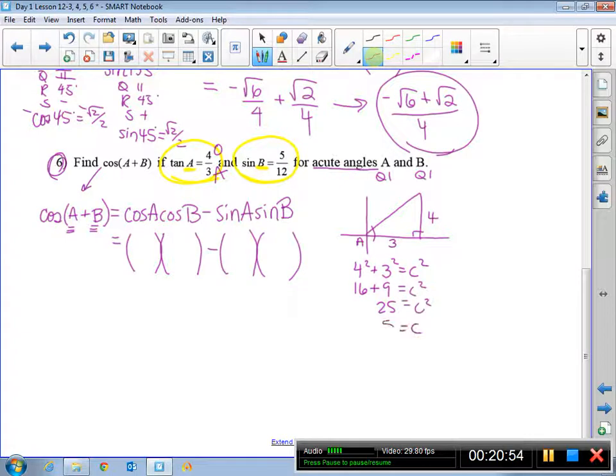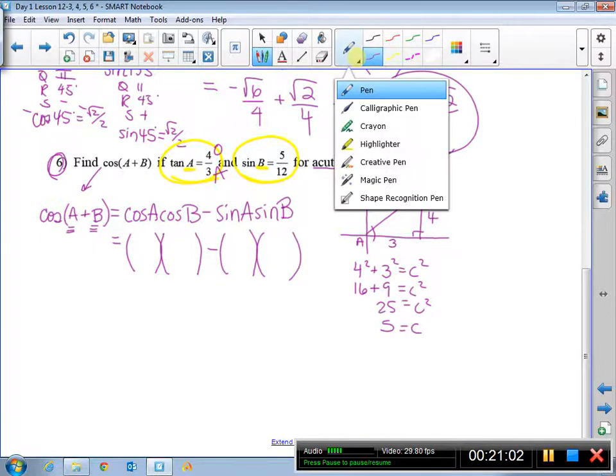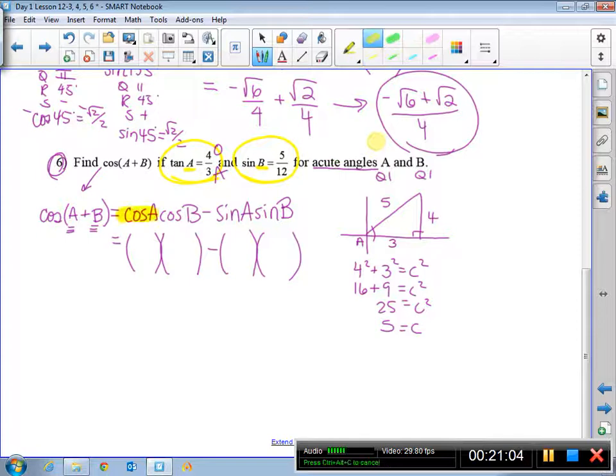Well, that's great for angle A, because now I can fill in the cosine of A and the sine of A. So the cosine of angle A, adjacent over hypotenuse, is 3/5. That one's filled in. And the sine of angle A is the opposite over the hypotenuse. So that one's filled in.